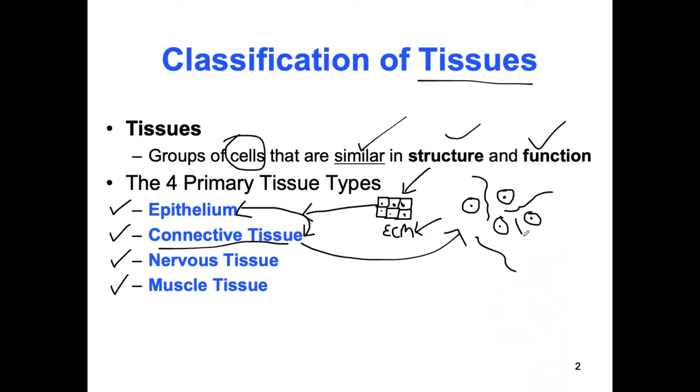So there's more room for extracellular matrix. I'll put an ECM up arrow, meaning there's lots of extracellular matrix in connective tissue, and a down arrow next to the epithelium, because there's little extracellular matrix associated with epithelium since the cells are closely packed together.